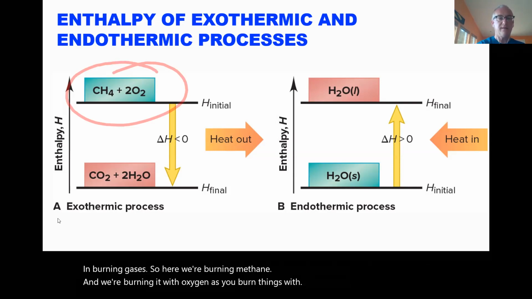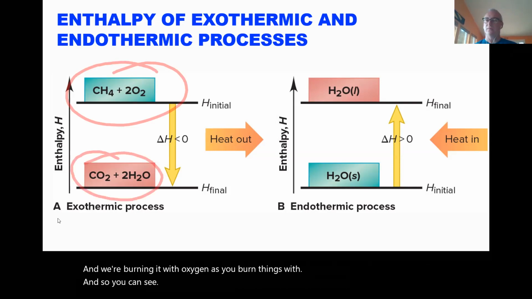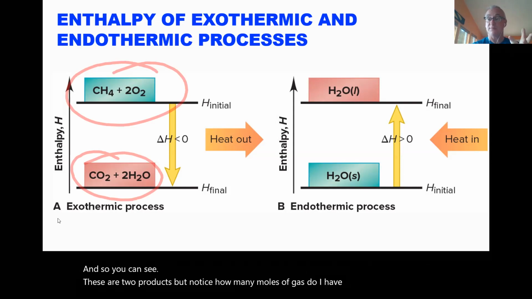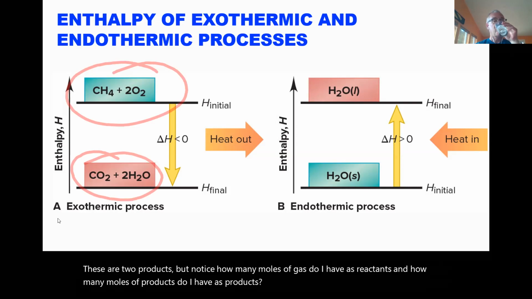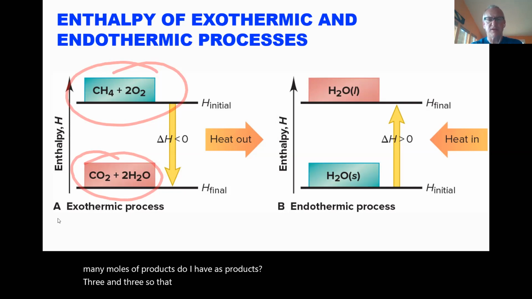And so you can see these are our two products. But notice, how many moles of gas do I have as reactants, and how many moles of gas do I have as products? Three and three. So they're the same. So is my pressure going to change from before and after?